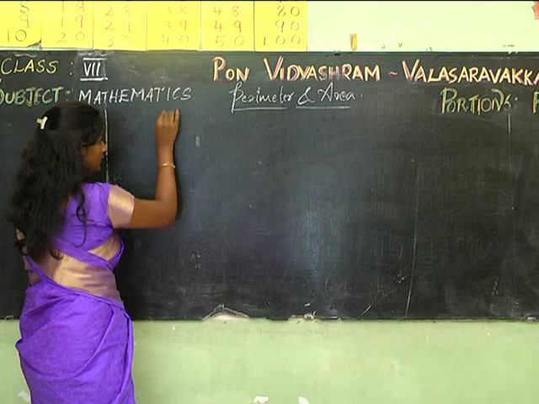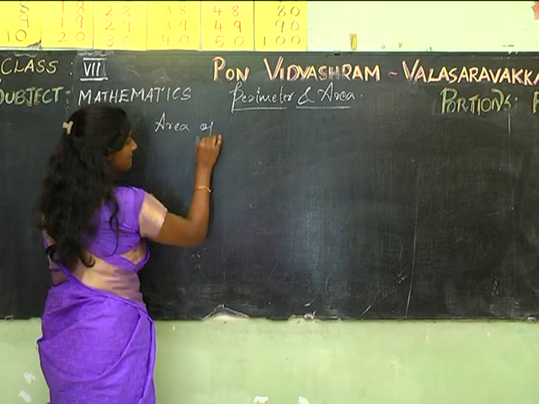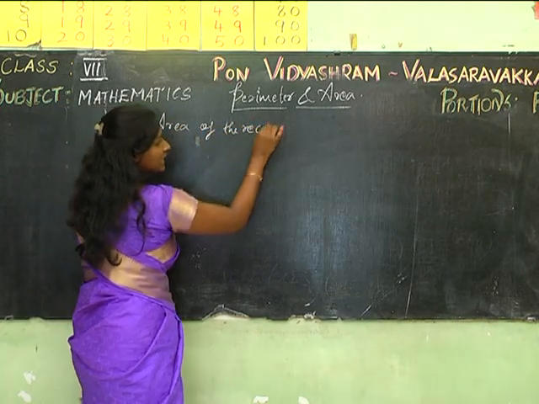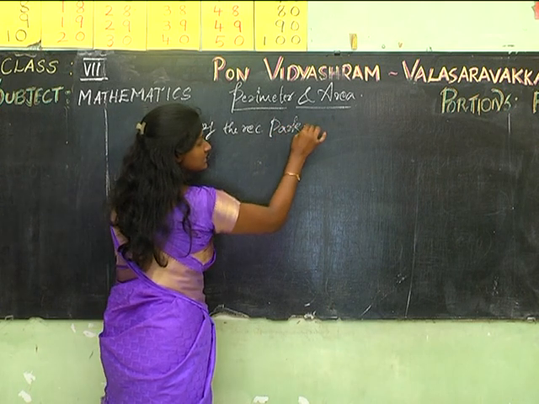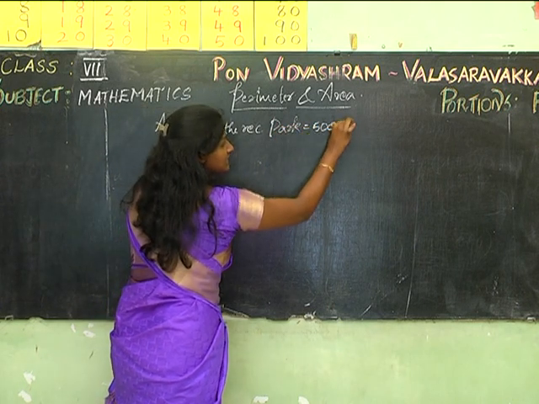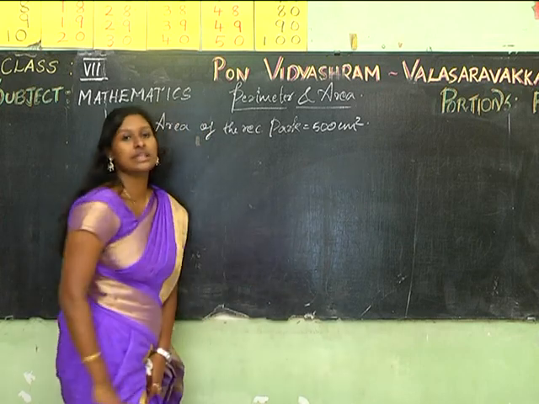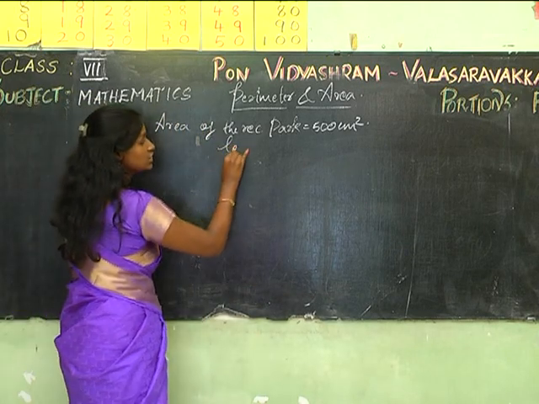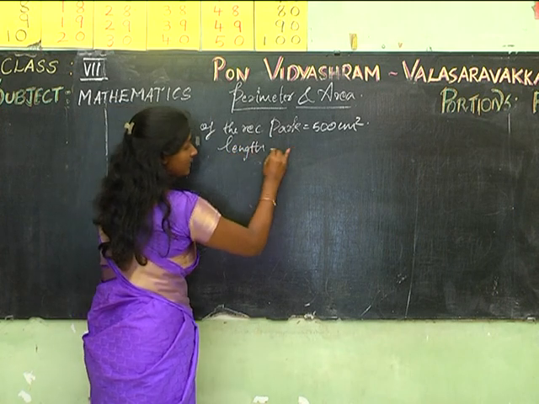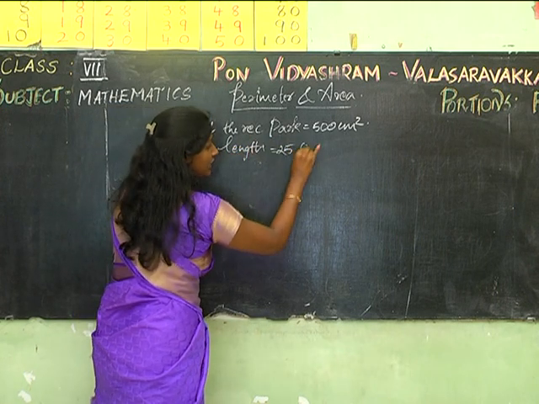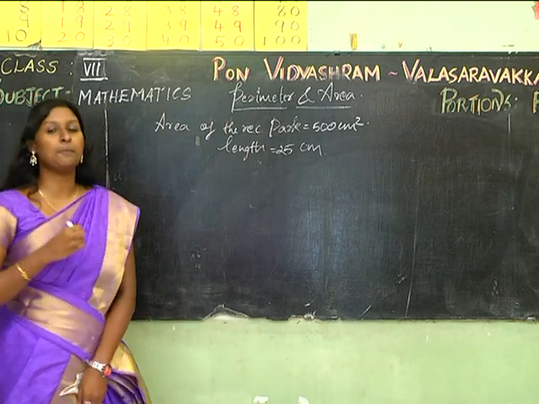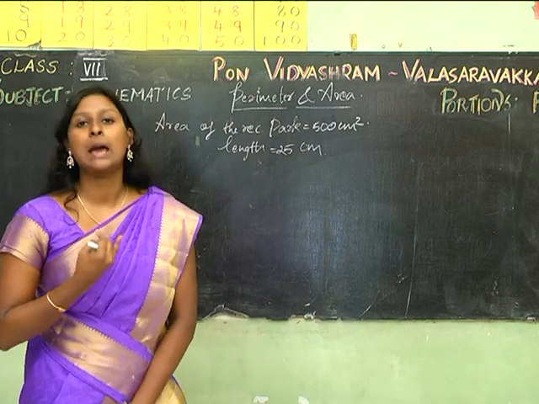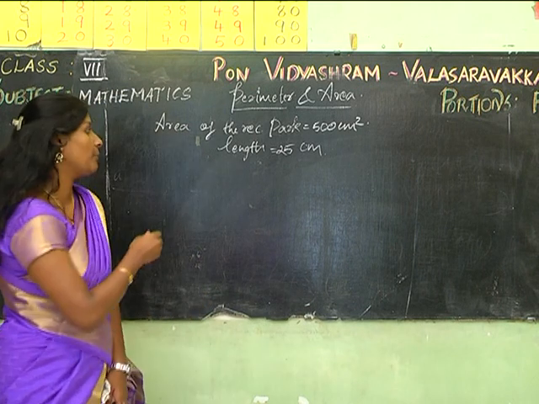The area of a rectangular part is given as 500 centimeter square, and the length is given as 25 centimeter. We are supposed to find the width and perimeter of the rectangular part.